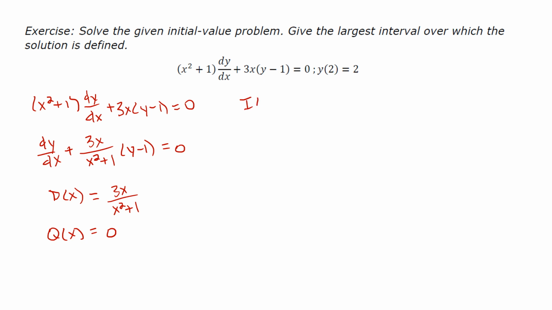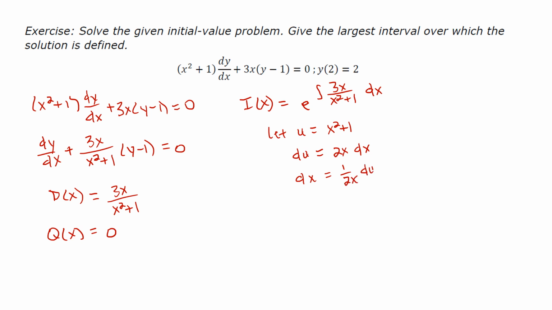So our integrating factor will be e to the integral 3x over x squared plus 1 dx. We're going to let u equal x squared plus 1. So du equals 2x dx. Okay. So in substituting for dx, we will get 1 over 2x du.